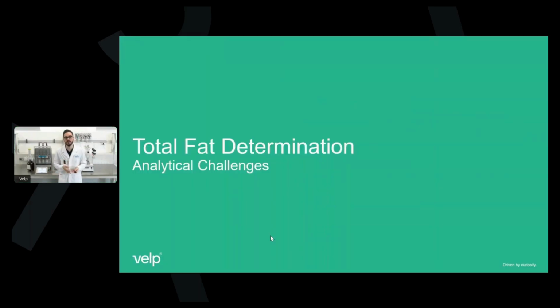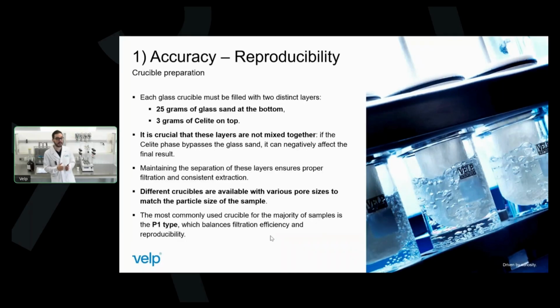Now we can move into more detail on the total fat determination, see the analytical challenges, and how to set up the analysis. Before starting, we have to fill the crucible with 25 grams of glass sand at the bottom and then 3 grams of celite on top of the glass sand layer.